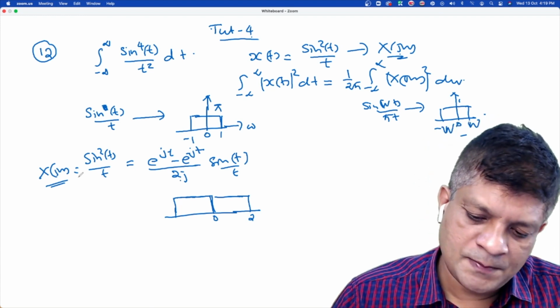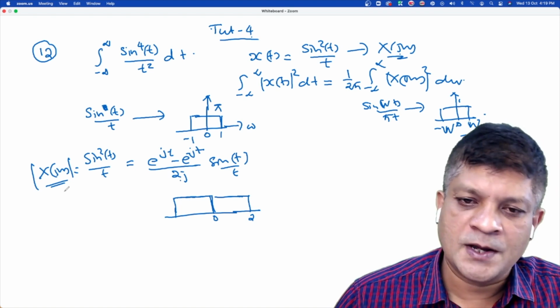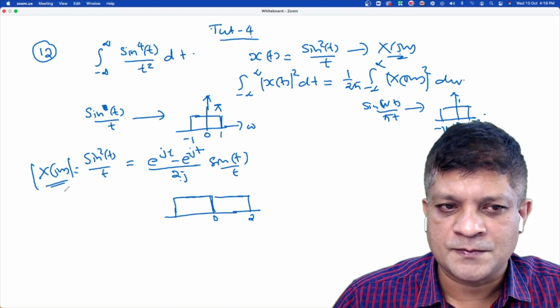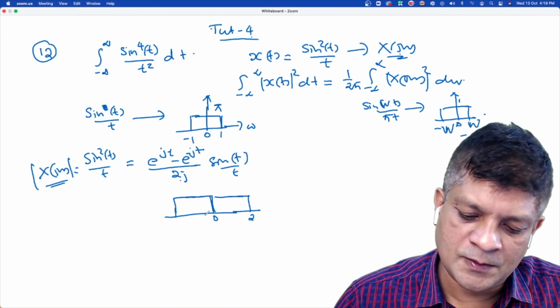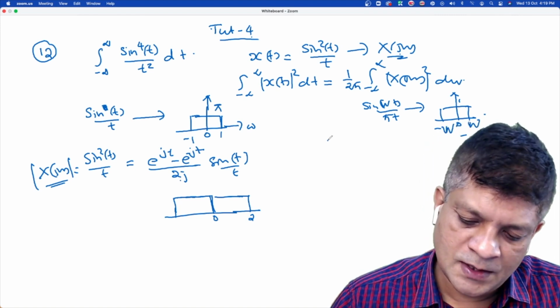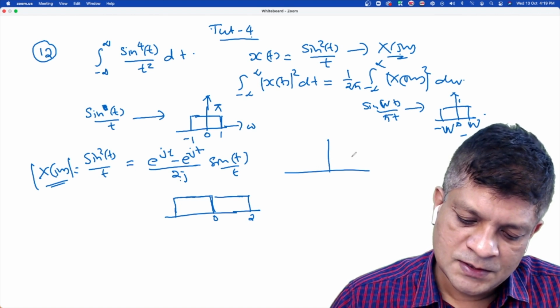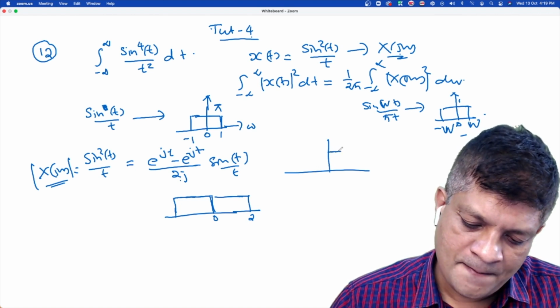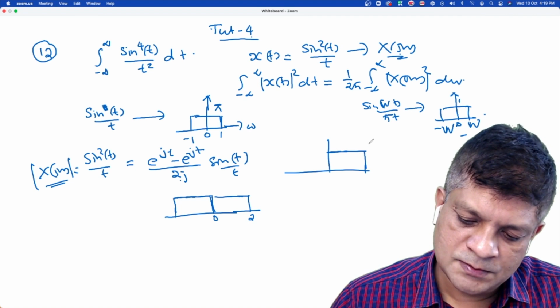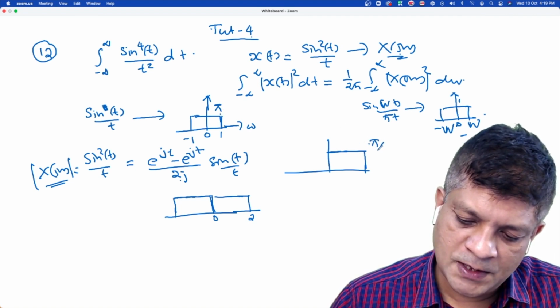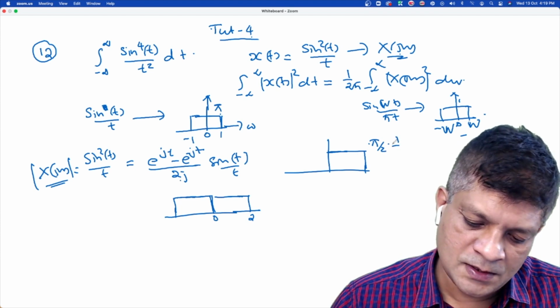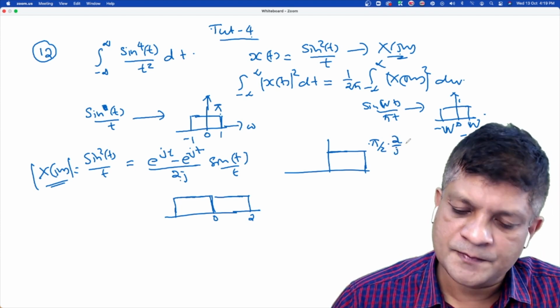But in Parseval's theorem, we are taking the magnitude of x of j omega, isn't it? We don't need the sign, but if you want to sketch it, the actual value is something like this. Shifted right by 1. What is the amplitude? There is pi here. This is pi by 2 into 1 by 2j, isn't it?